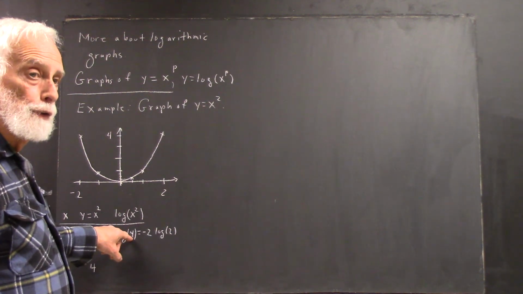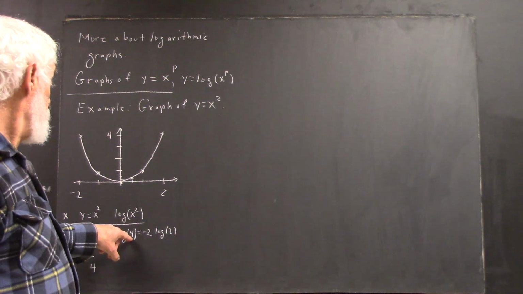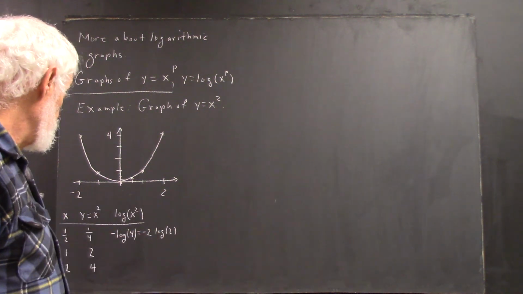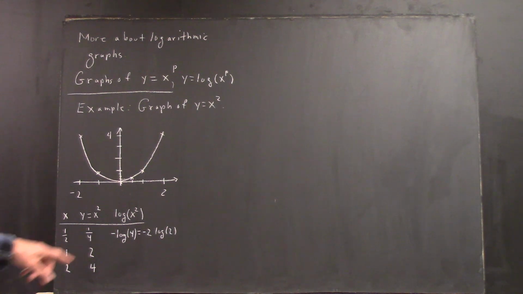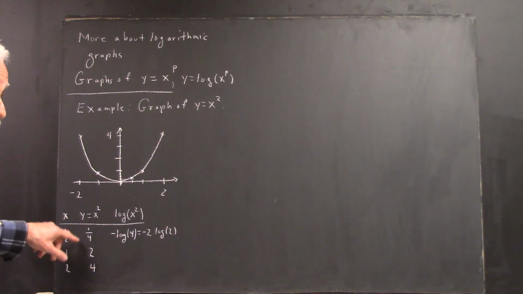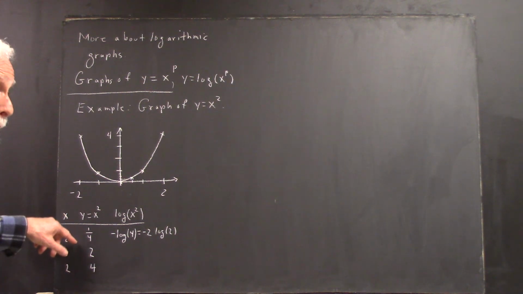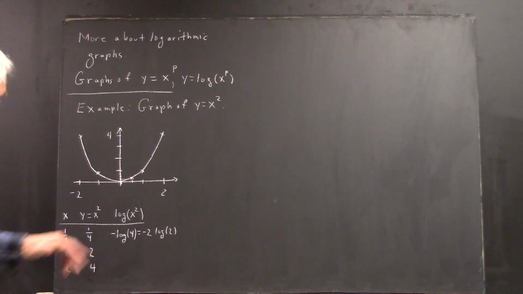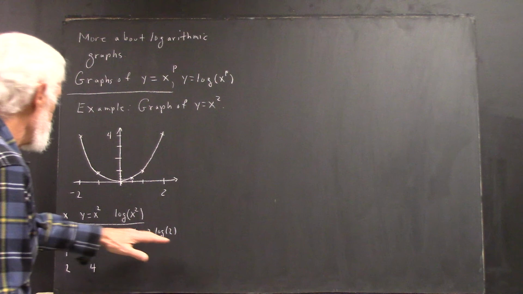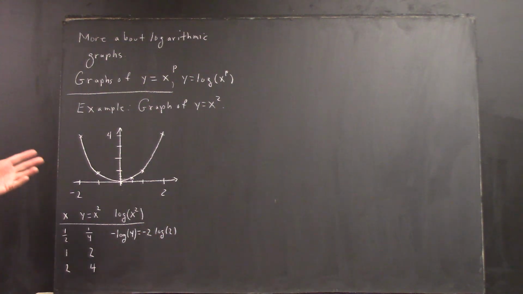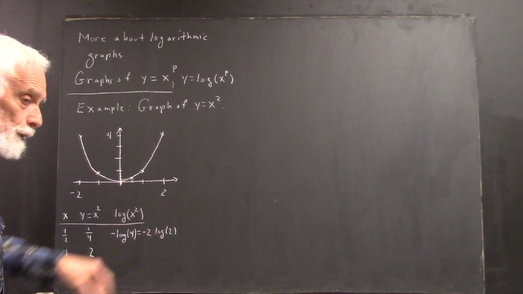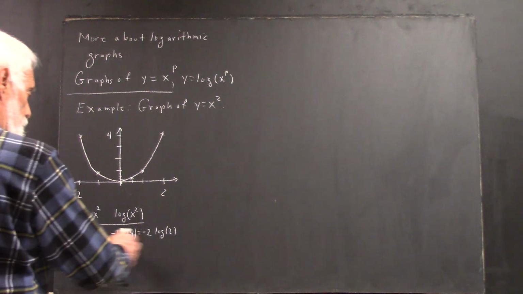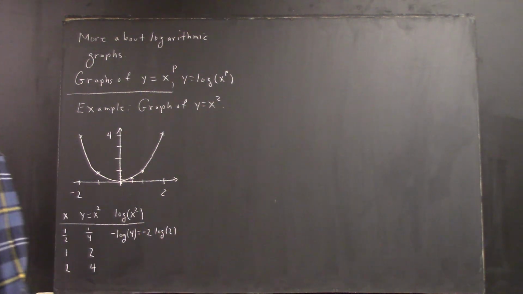But 4 is 2 squared. The log of 2 squared is 2 times the log of 2, and you've got the negative sign. And the reason is the log of 1/4 is the log of 1 minus the log of 4, and that's 0 minus the log of 4. And we used those in the preceding video, and that would have been reinforced by the problems that went with that video. Okay, so we have this.